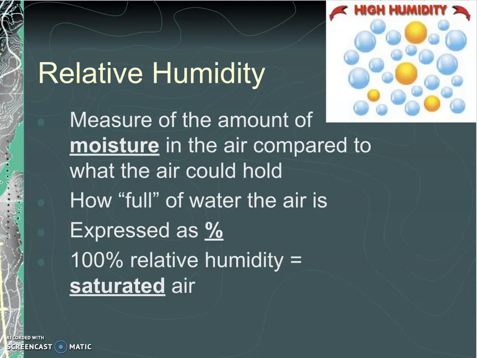So the warmer it is, the more water molecules can fit in this less dense air. The colder the air, the more dense the air is. Those of you who are into cars, the colder it is outside, the more oxygen can get into that combustion chamber.